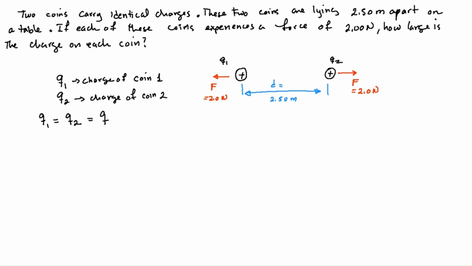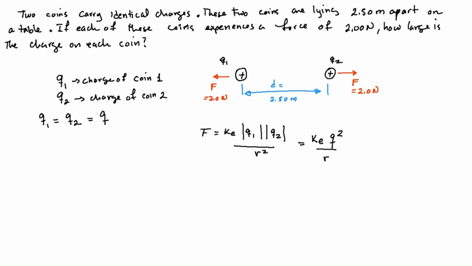So we want to know the magnitudes of the charges, right? So we apply Coulomb's law. The Coulomb force is equal to K sub E times the absolute value of Q1 times the absolute value of Q2 over the square of the distance. But now Q1 and Q2 are equal to Q, and we are taking both positive, so we can say that this is K sub E times Q times Q, Q squared, over the square of the distance.